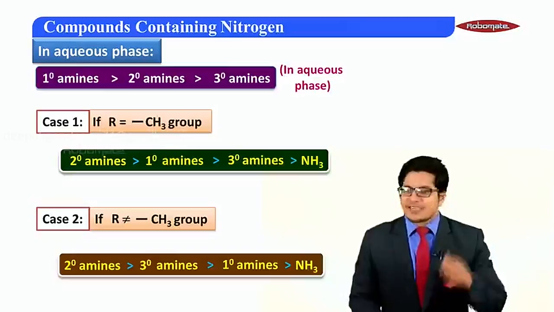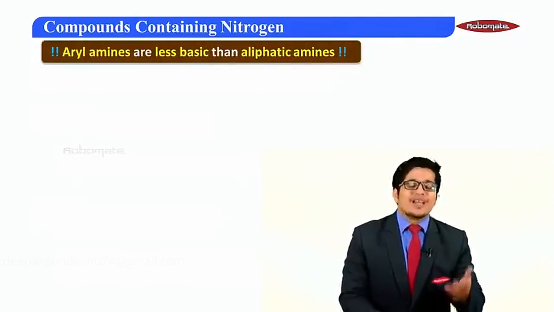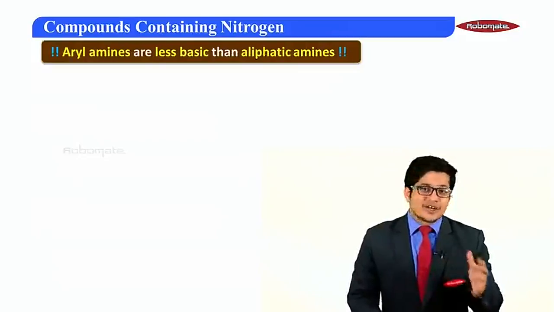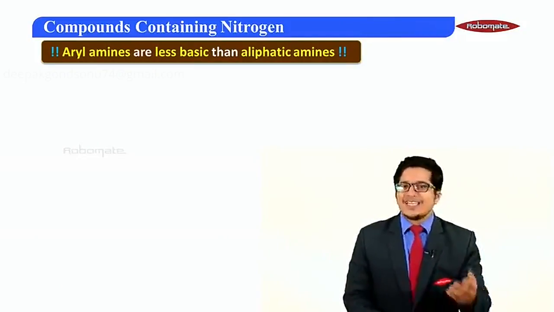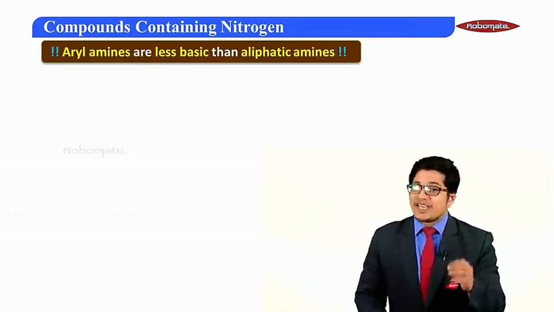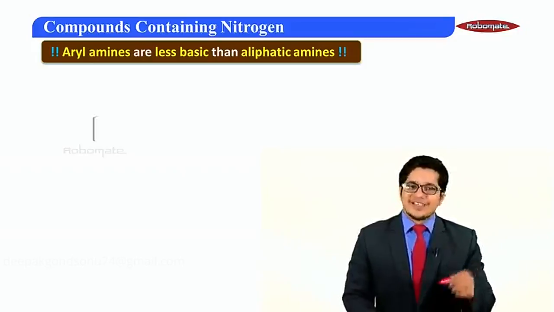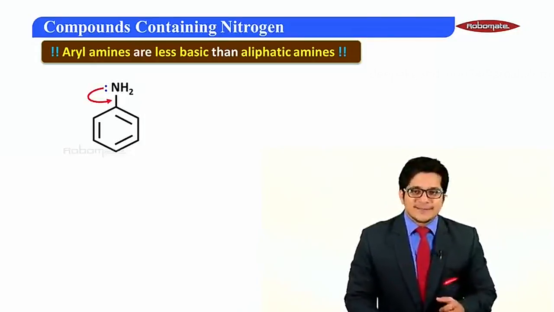Let's move further. We discussed aliphatic amines. Now let's also talk about aryl amines. It is already said that aryl amines are less basic than aliphatic amines, and I know you are pretty aware of the reason. The reason for this is resonance. Now let's see what happens.